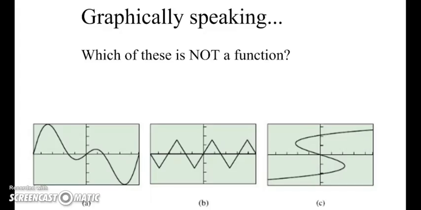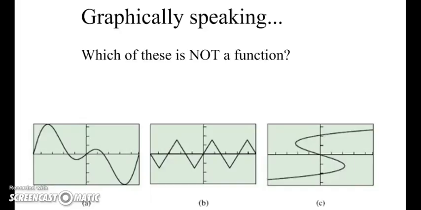When we look at a relationship in graphical form, the horizontal axis is the domain and the vertical is the range. And so considering that, can you determine which of these three is not a function?